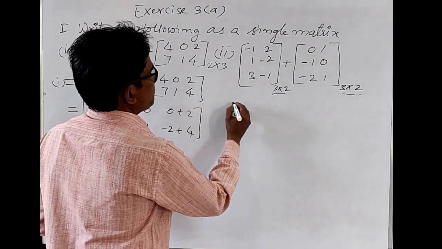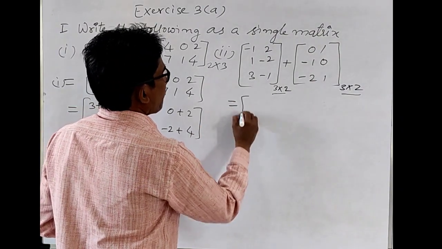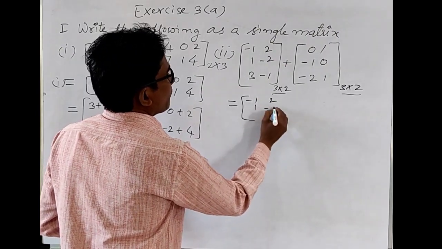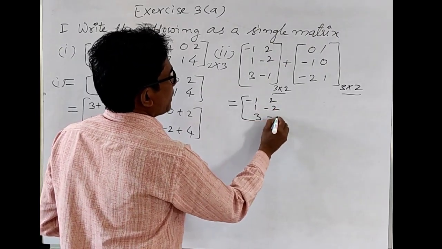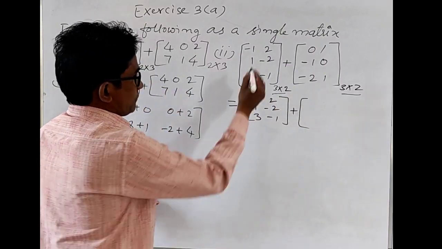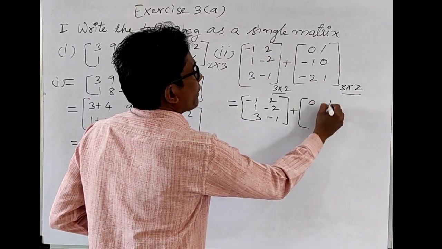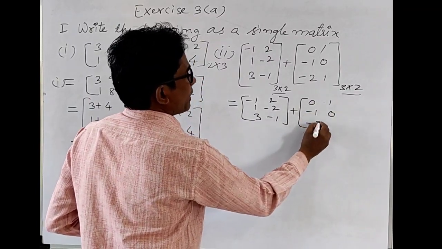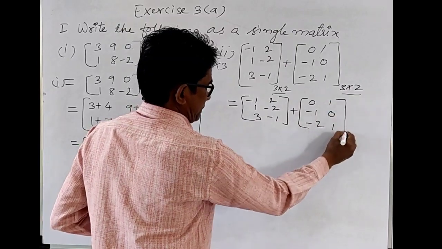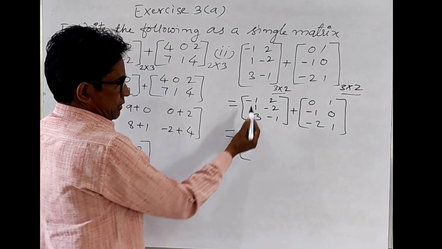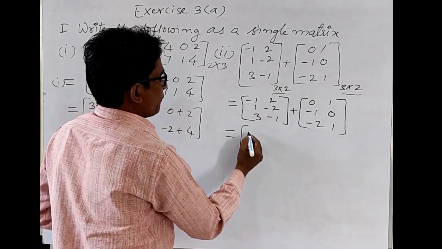Now let us see. -1, 2, 1, -2, 3, -1 plus 0, 1, -1, 0 and -2, 1. Look here, -1 plus 0.